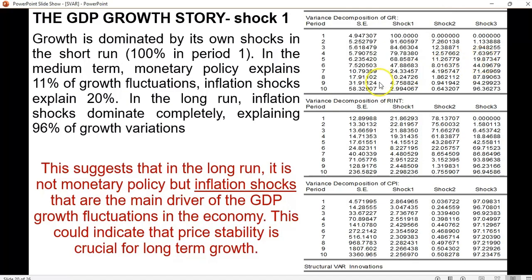And in the long run, inflation shocks dominate completely, explaining 96% of growth variations. Now, this suggests that in the long run, it is not monetary policy but inflation shocks that are the main driver of the GDP growth fluctuations in the economy. This could indicate that price stability is crucial for long-term growth.